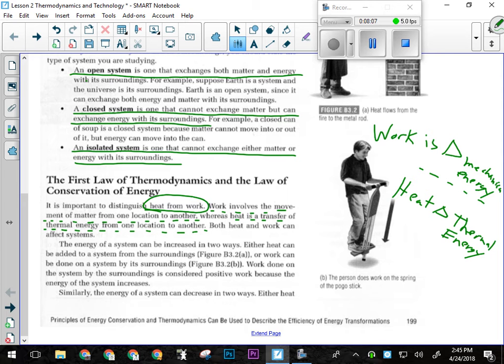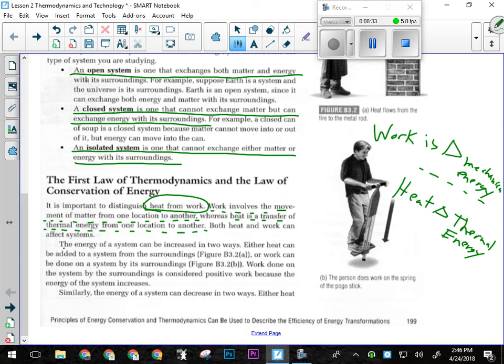Or I could put heat into the system, in which case I'm increasing the system's thermal energy and making it hotter. Those are the two ways to increase the overall energy of a system. Do work or do heat. I know it sounds weird to say it that way, but that's really what you're doing. You're either doing work or doing heat. Heat is transferring thermal energy to that system.